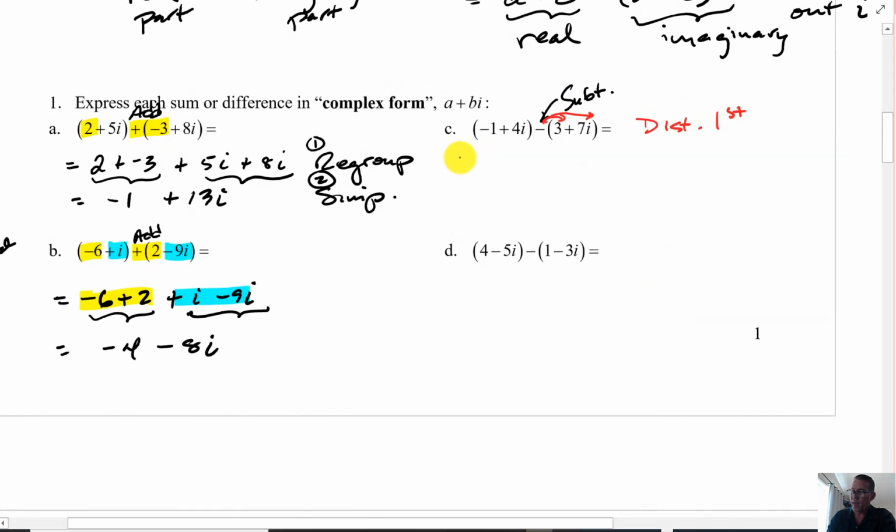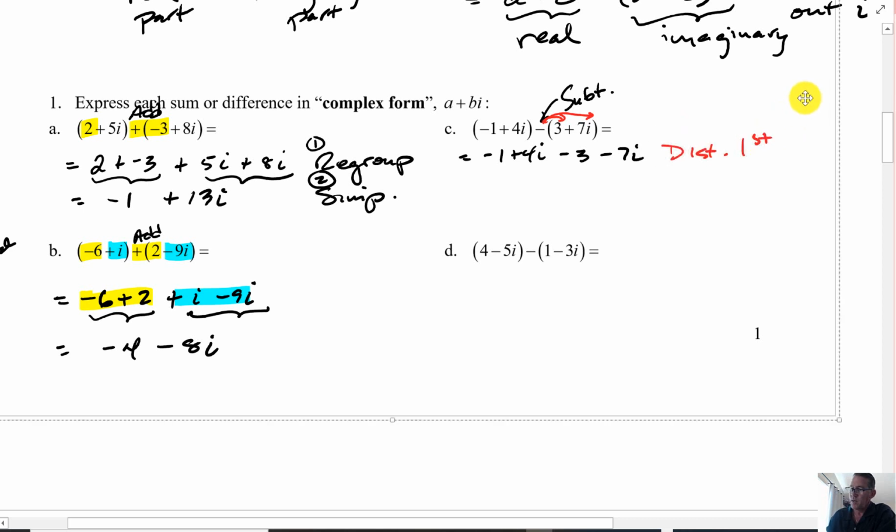Okay, so what we have is negative 1 plus 4i first. Drop the parentheses there. Going to distribute through the minus sign. So we have a minus 3 and minus 7i. So I distributed first.